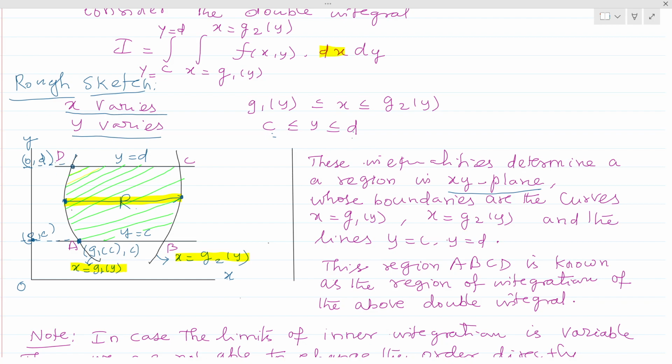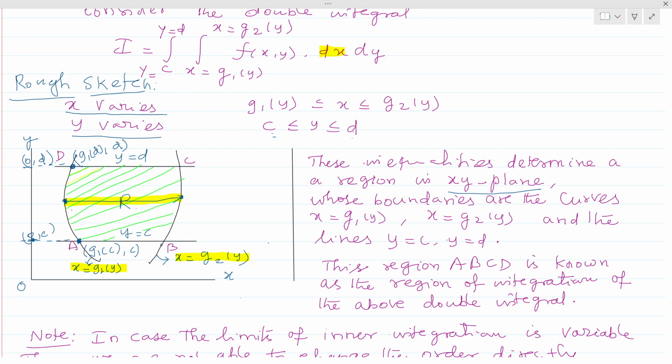Similarly, D is x equal to g1 of y at y equal to d. That means g1 of d comma d.